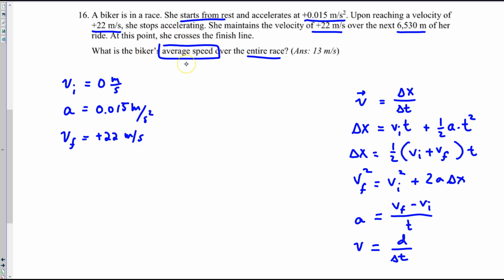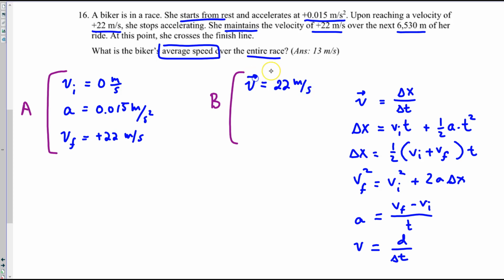Now, the first question to ask yourself, when she stops accelerating, when her acceleration is finished, is the trip over? The answer is no. So this is some first segment. What happens after the first segment? In segment B, she has a constant velocity of 22.